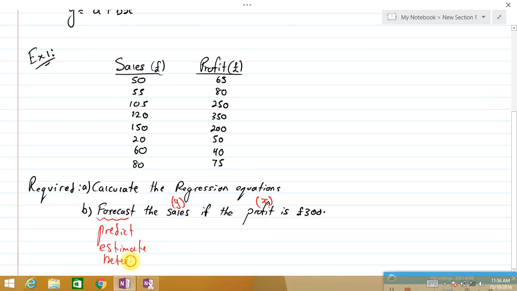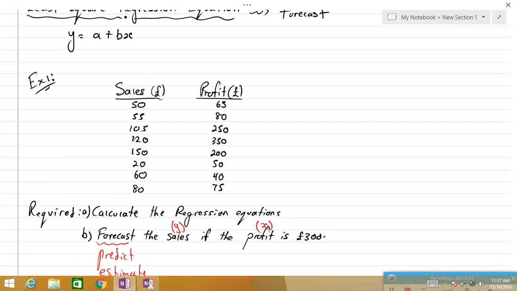Determine. Am I right? All these are the same meaning at the end of the day. So in the exam, I can use either of the words. So don't get confused, yeah? Predict, estimate, determine, whatever. Now, guys, we already know that this is y, this is x.